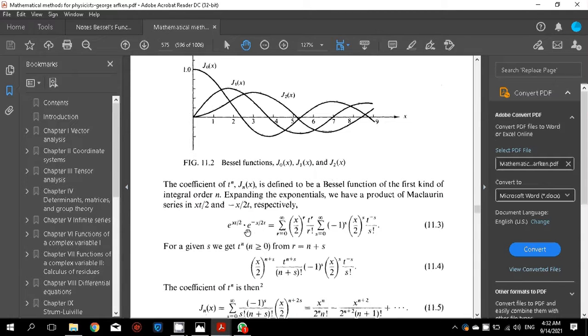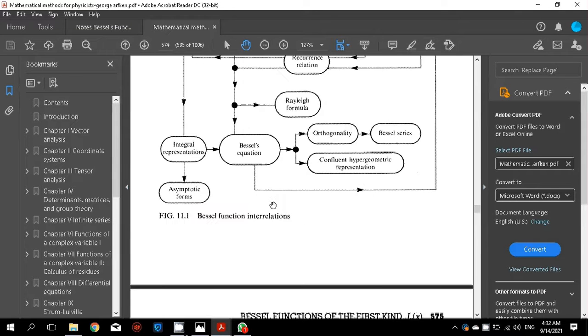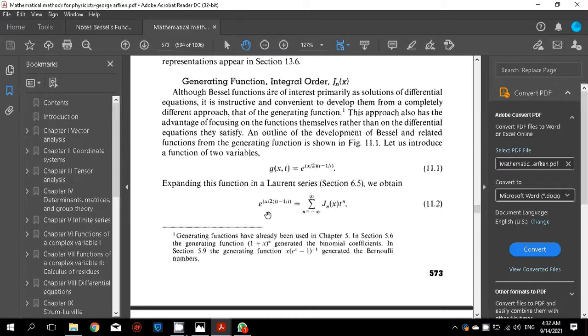e to the power xt over 2 into e to the power minus x over 2t, as expressed in their respective series. So please go to my notes to see the derivation of this generating function.